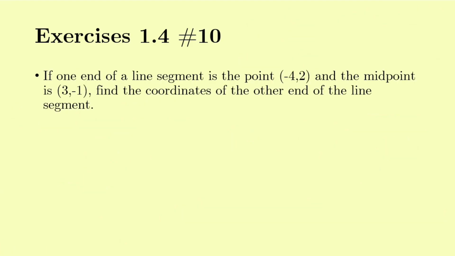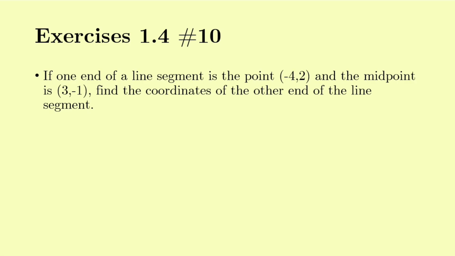Next, if one end of a line segment is the point (-4, 2), and the midpoint is (3, -1), find the coordinates of the other end of the line segment. So we are given 3 points: (-4, 2), the midpoint (3, -1), and another point which is unknown.